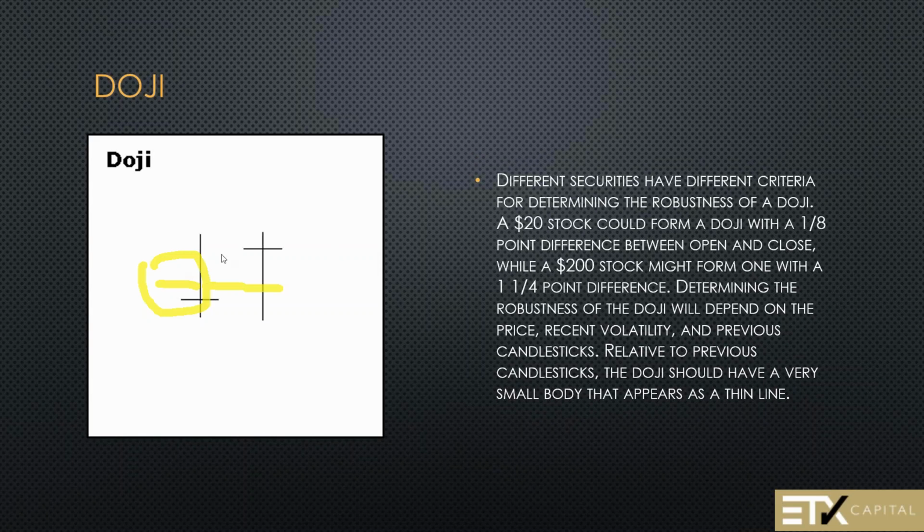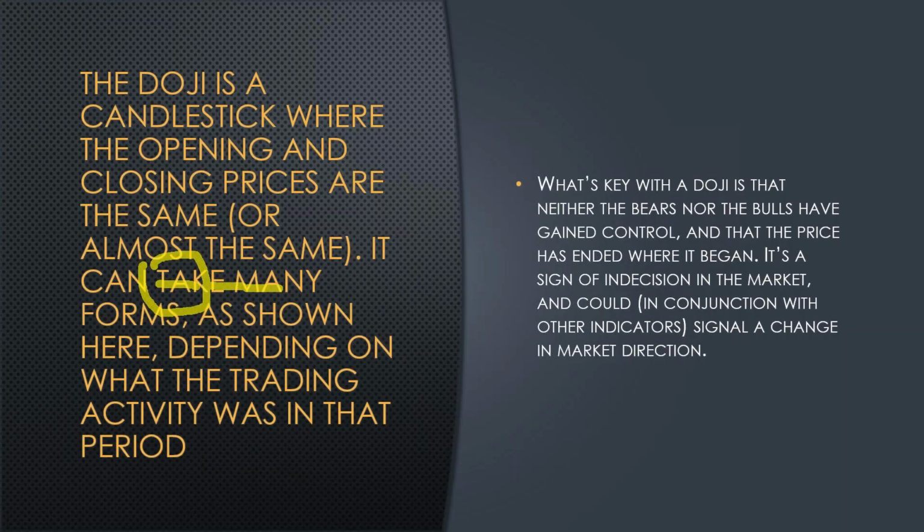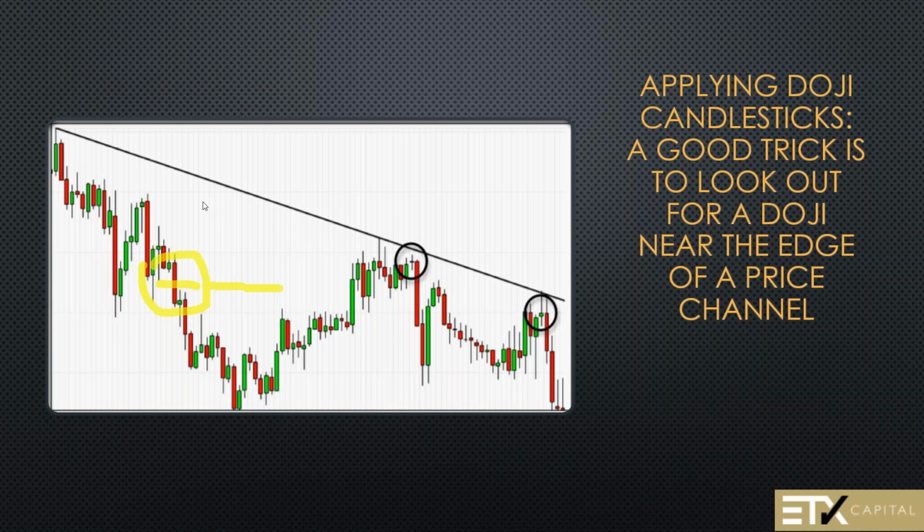But now a Doji happens all the time. But we have to look at a Doji in comparison to where it's appearing on a chart. Because Dojis happen often, so do spinning tops. And we have to look at where they appear in connection to the current trend.